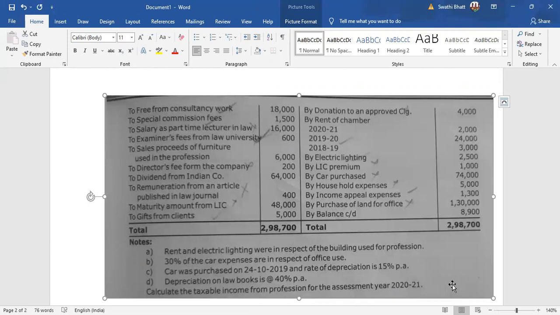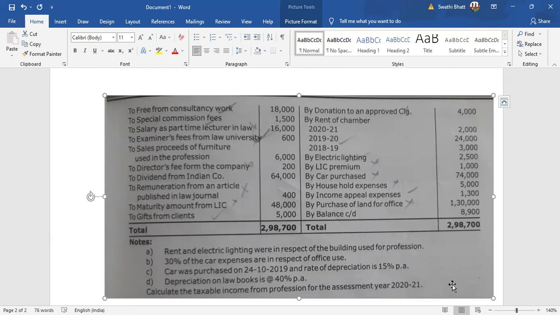The next one is car purchased. Car again is a capital expenditure. Purchasing of professional books is also capital expenditure. Wherever there is capital expenditure, you don't write the purchase price of those assets. You only charge depreciation.